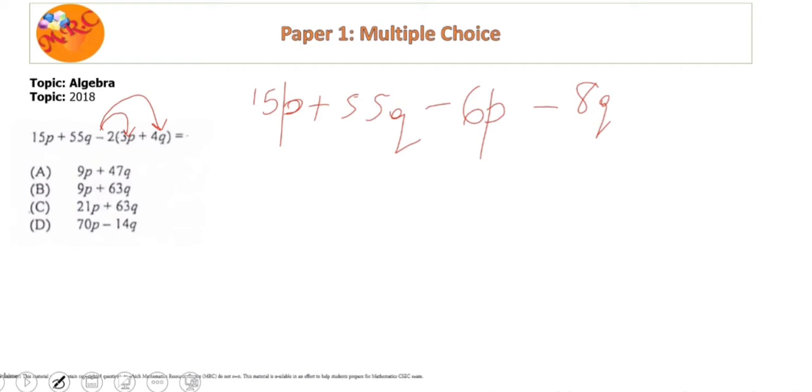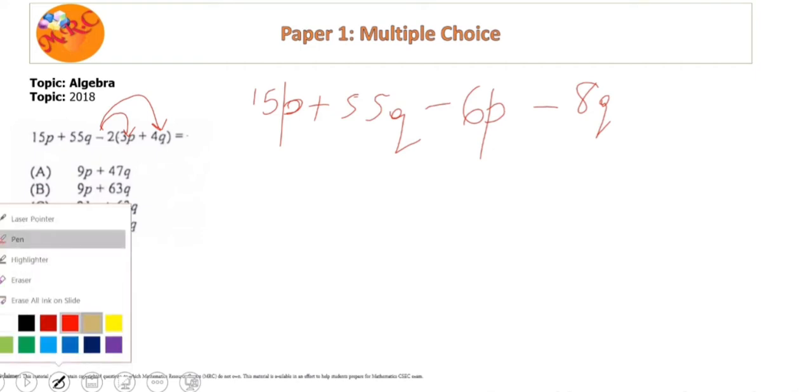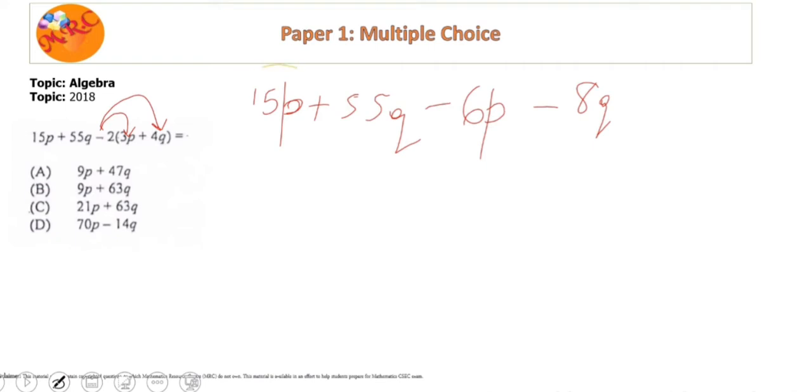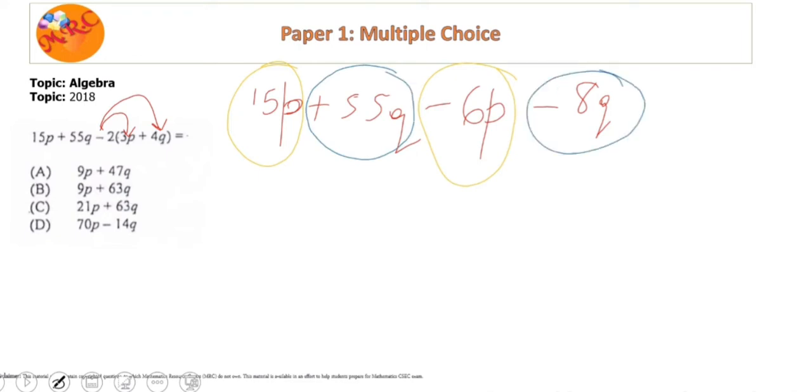Good? So now let's simplify. In simplifying, we're looking for the like terms. So here I have 15p and I'm grouping that with negative 6p. The other two like terms would be positive 55q and negative 8q. So we're grouping the like terms, and that would be 15p minus 6p plus 55q minus 8q.